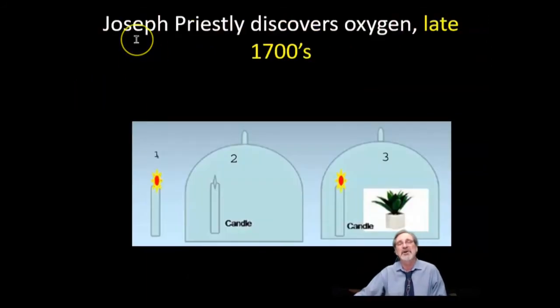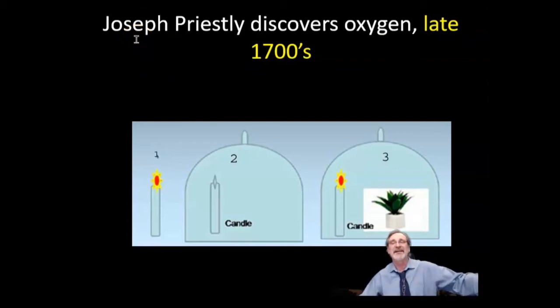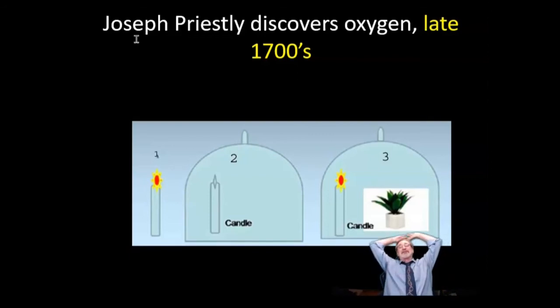Now, there was a guy named Joseph Priestley. I'd like you to write his name down. He was a pretty important scientist back in the day, in the late 1700s. So imagine, he lived in England, but it was about the time of the American Revolution. So if you're familiar with founding fathers, that kind of gets you the time span, right? Joseph Priestley discovered oxygen, okay?